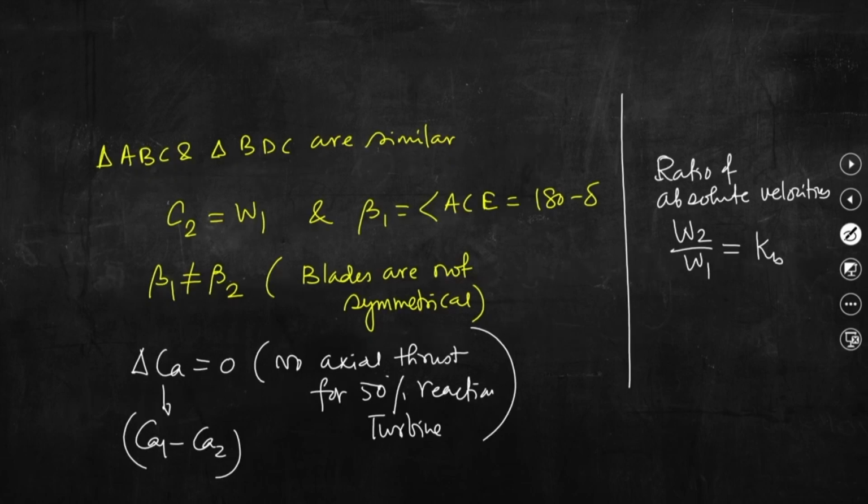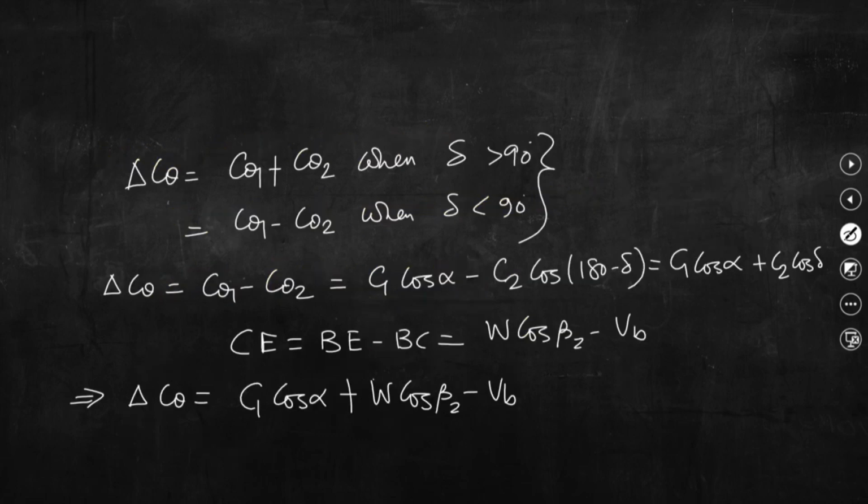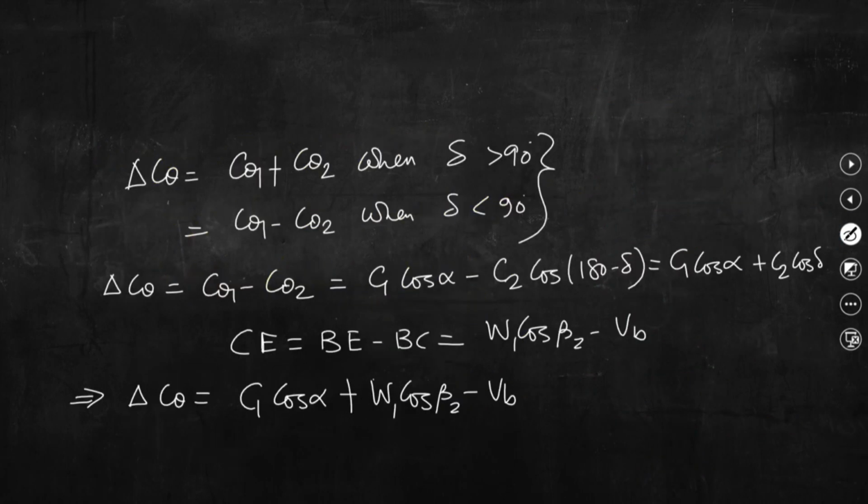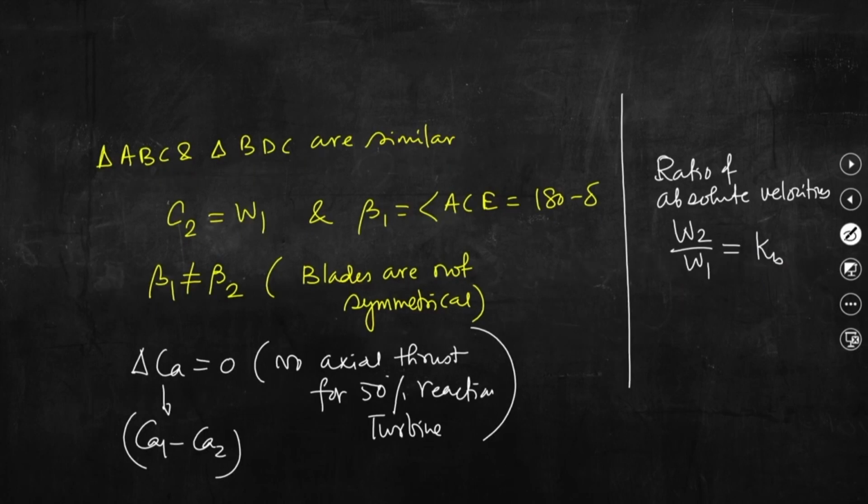Now, if we go back to the previous slide, we can see this is W 2, rather this is W 2 cos beta 2. So, this is not W 1, this is W 2.